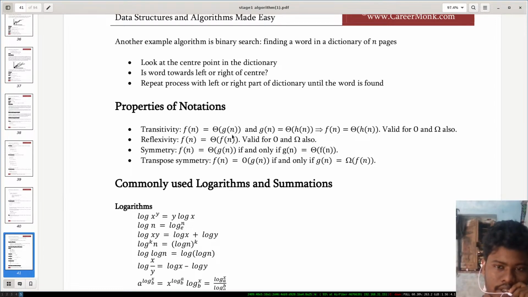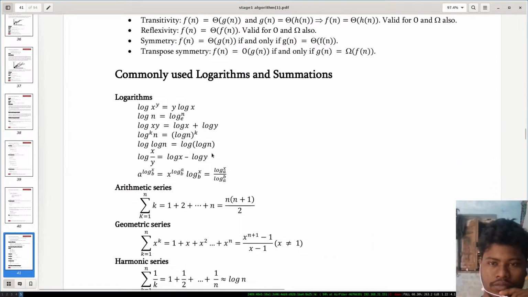Now reflexivity, f(n). I don't understand really. Symmetry. Properties, let's leave it out.